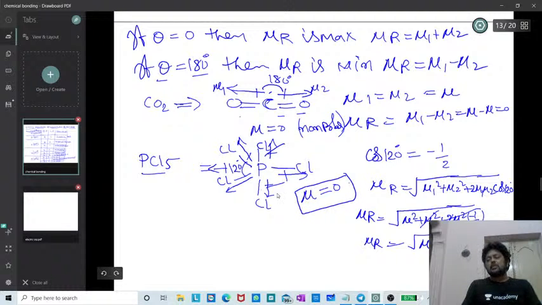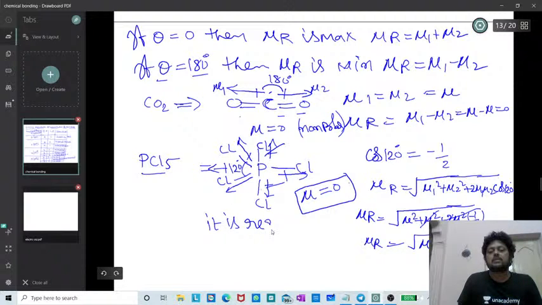Even though it contains polar bonds, as it has a regular geometry, its dipole moment is equal to 0. It is a regular structure, and because of that regular structure, the molecule has dipole moment 0. Okay, not only this one.